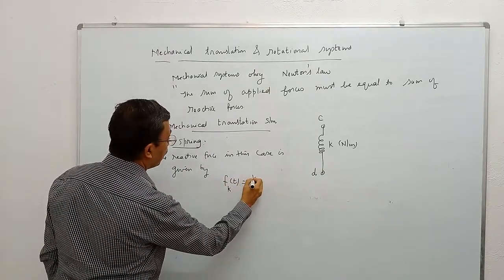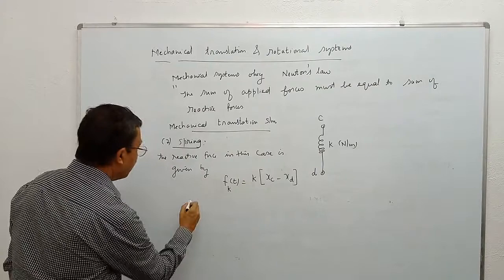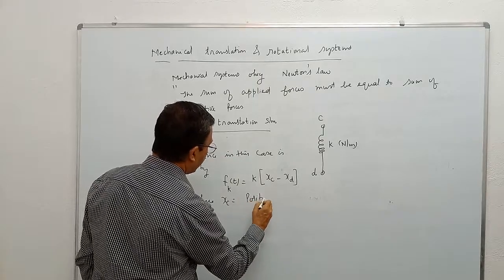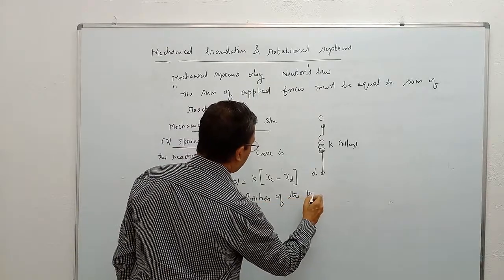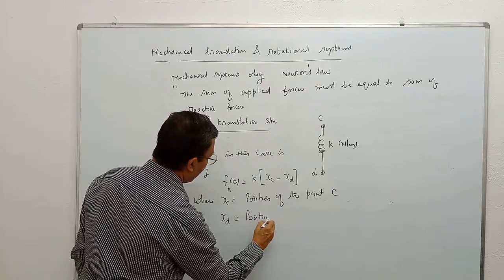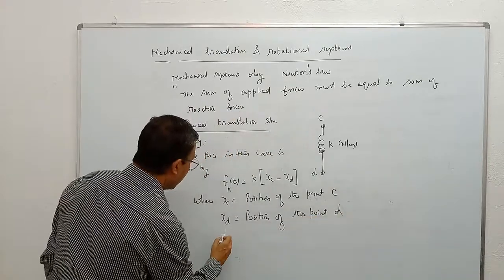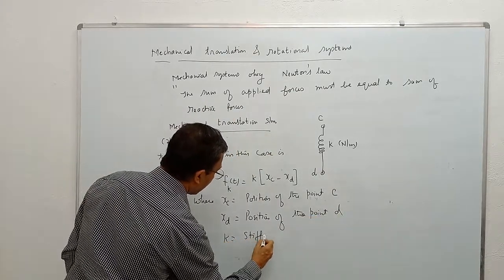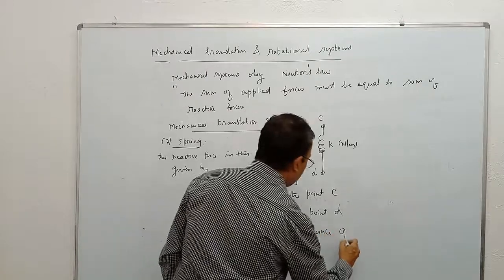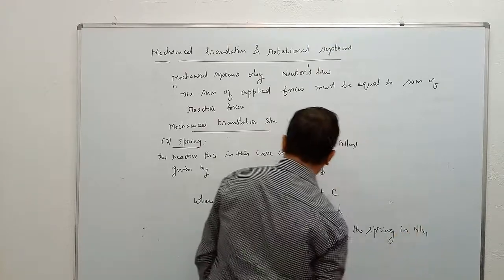Fk of t is equal to k into xc minus xd, where xc is equal to position of the point C, xd is equal to position or displacement of the point D, K is equal to stiffness or elastance of the spring in newtons per meter.